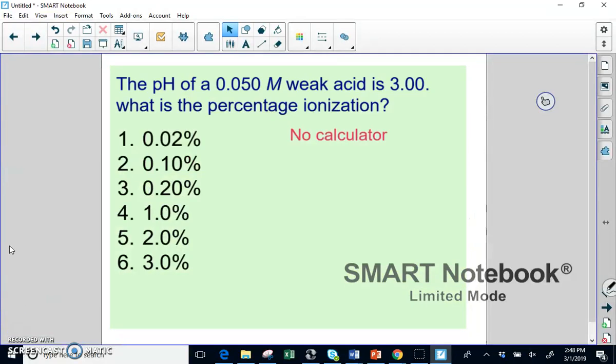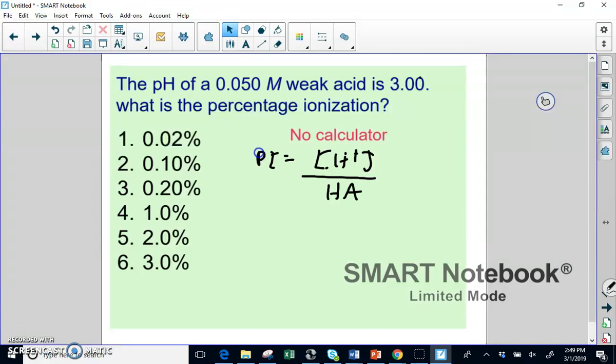This is a multiple choice question that practices some of the math skills that we've been doing. It says, what is the pH of a 0.05 weak acid? If the pH is 3, what is the percent ionization? The first thing we have to calculate is the H plus concentration, because we know that percent ionization is equal to the amount of H plus over the concentration of the acid.